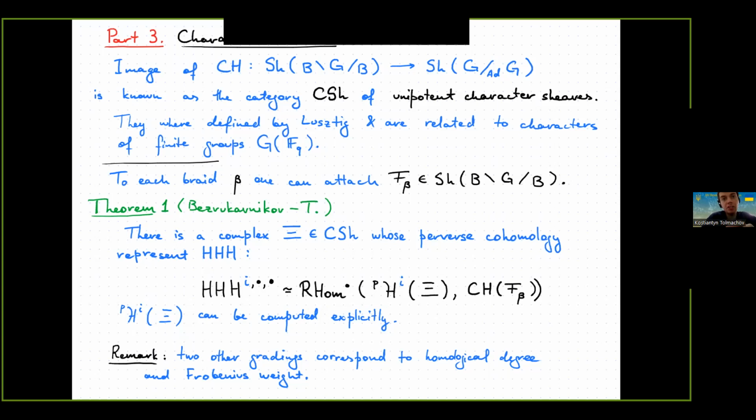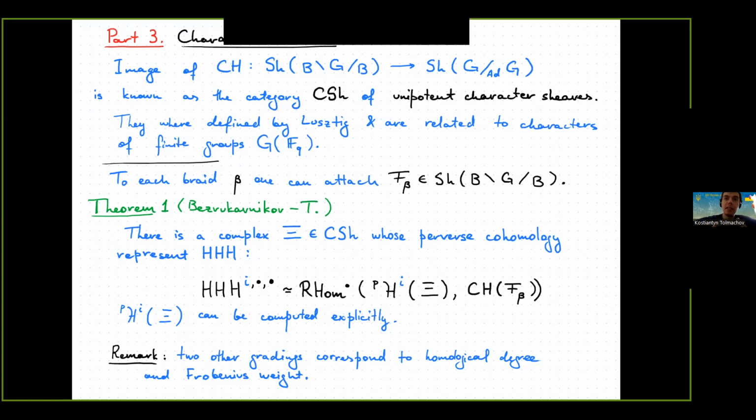So I described how to get one of the degrees, and the remark here says that the two other degrees that we require from the triply graded link invariant are recovered when you consider the homological grading you get on this derived Hom, and also the Frobenius weight that you also get.